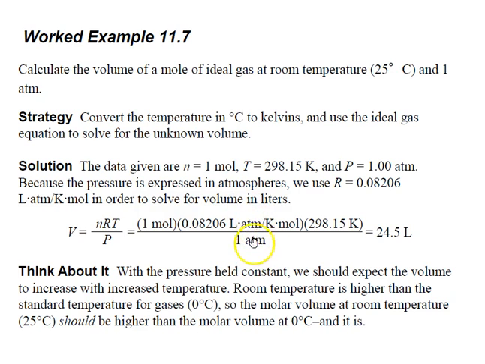Atmospheres over atmospheres is 1, so that'll cancel. The Kelvin will also cancel. And I'm sorry, there's moles. Moles does cancel too. Good, so we're left with one unit, which is liters. Performing the math here, 1 times this value divided by 1, we get 24.5.